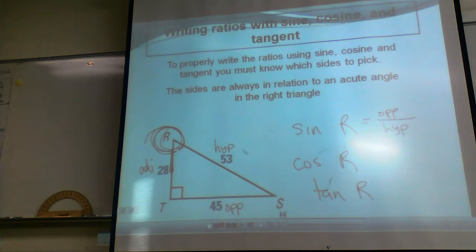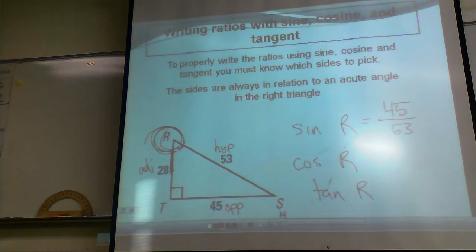So if I said, what is the sine of R for this triangle right here, I'm asking you to actually write out, using the numbers, what the ratio is for that angle. So I would go, okay, the opposite side is 45, hypotenuse is 53, that's it.